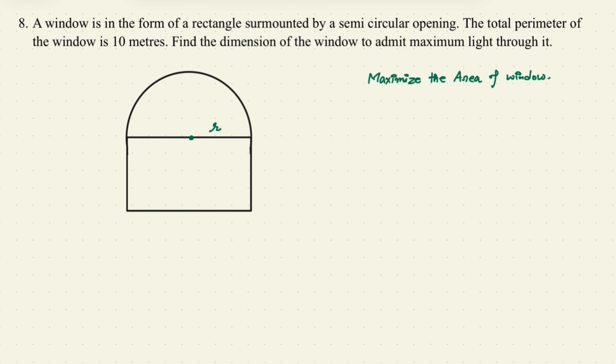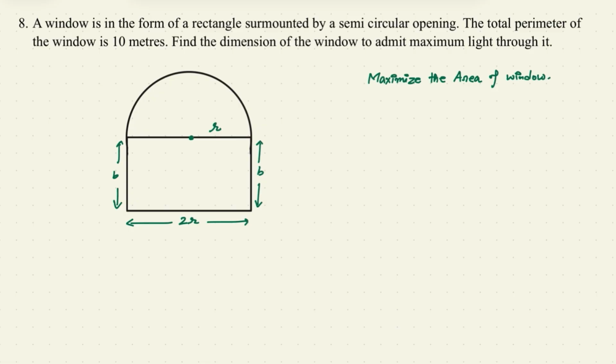That means the diameter of the circle or semicircle is 2r, and which is the length of the rectangle here. So here the length of the rectangle will be 2r because the radius of the semicircle is assumed to be r, and let the breadth of the rectangle be simply b. So b is from here to here, and on the other side also there is b.